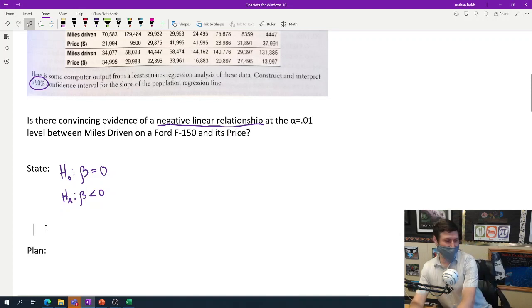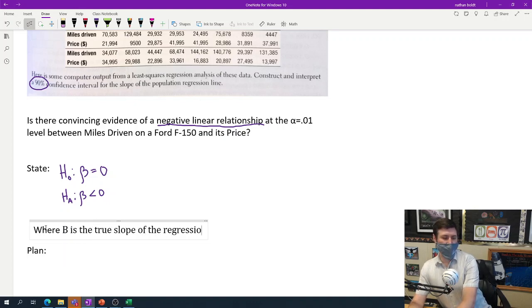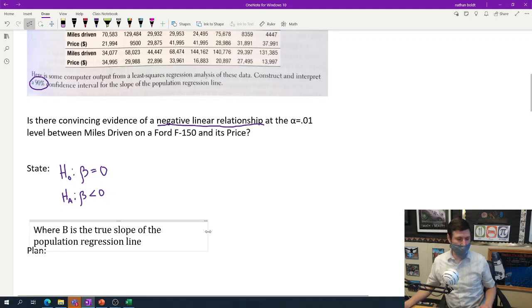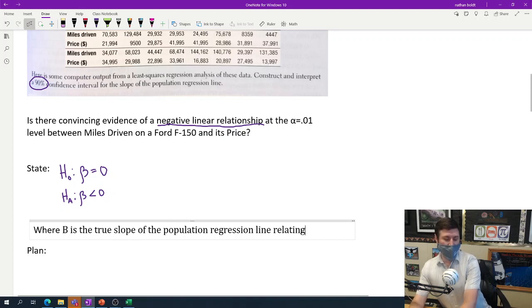Then, of course, we always have to add context, where beta is the true slope of the regression line. I might say population regression line, relating context.